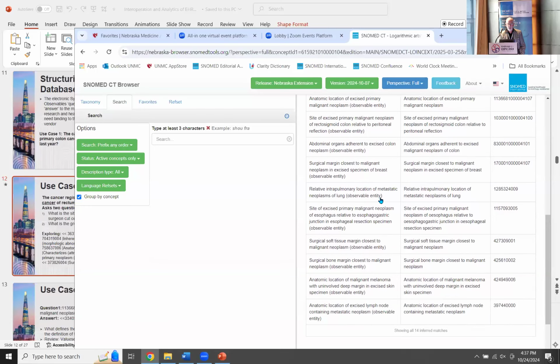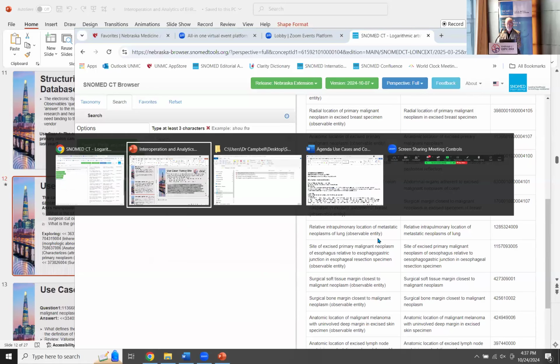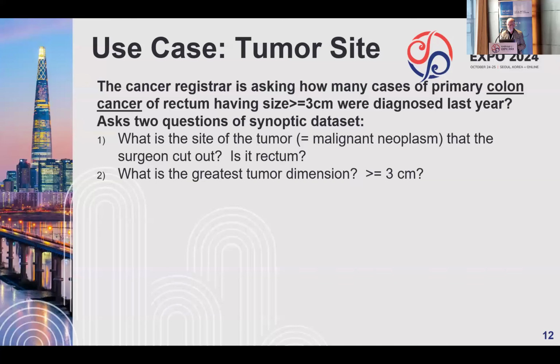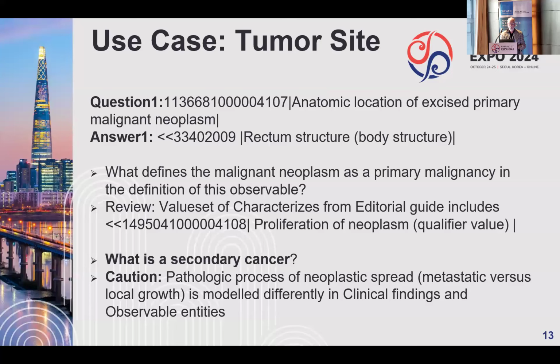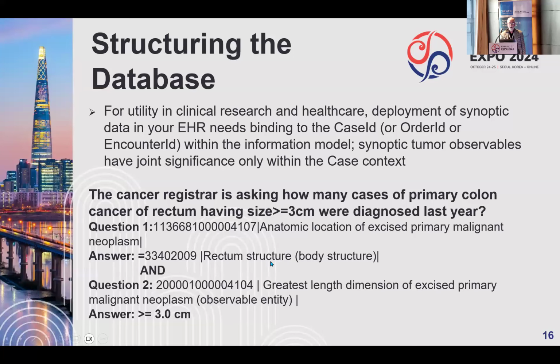As we go down through this list and look for site observables, okay, basically we come across this observable, anatomic location of the excised primary malignant neoplasm.